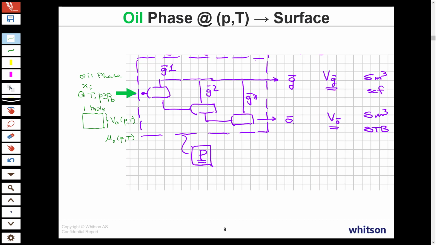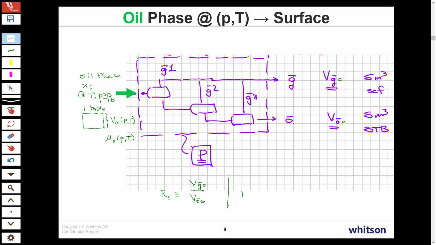Now the viscosity again is not dependent on the surface process, neither is the oil volume. But the product volume that comes out of flashing this through some process is the surface gas product, and we'll use the nomenclature GO here, surface gas product coming from an oil phase, and surface oil product coming from an oil phase. So now the Blackwell PVT properties for the oil phase, which are dependent on the process: RS, solution gas oil ratio, can be defined as the surface gas product coming from the oil phase over the surface oil product coming from the oil phase.